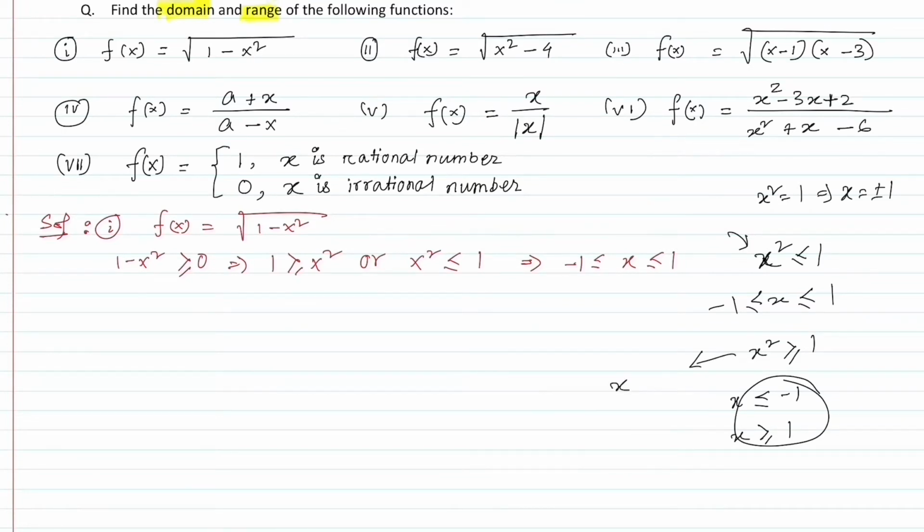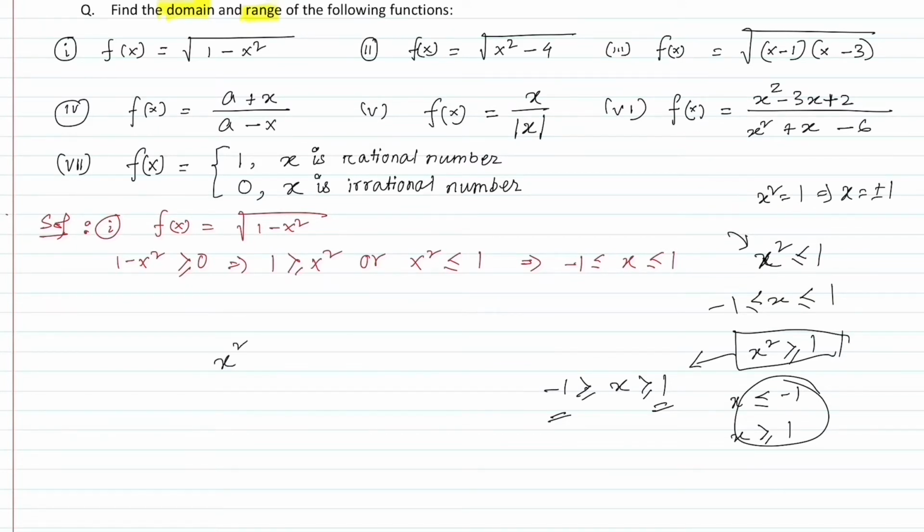This implies x is less than or equal to minus 1 or greater than or equal to plus 1. So hope you have understood. x must be either less than or equal to minus 1 or greater than or equal to plus 1, in this case only, when x square is greater than or equal to 1.